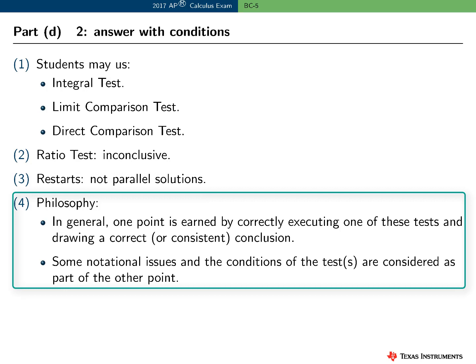So here's the general philosophy used in scoring this part. In general, the student earned 1 point by correctly executing one of these tests and for drawing a correct or a consistent conclusion. Some notational issues and the test conditions were considered as part of the other point.